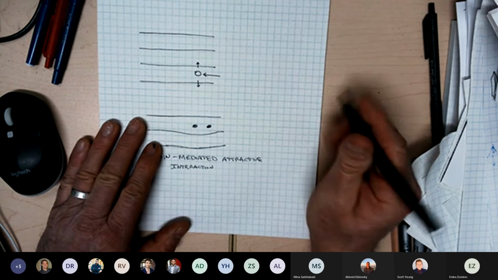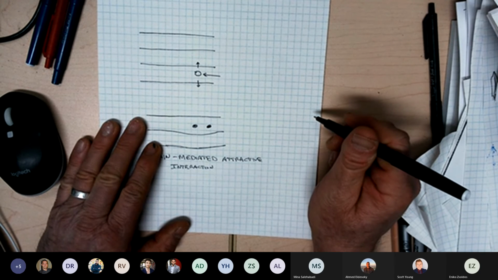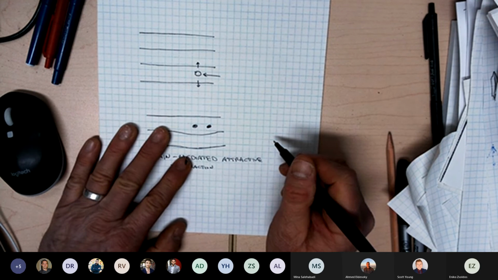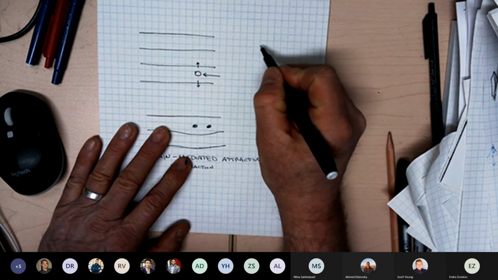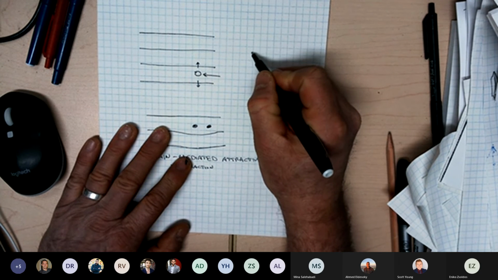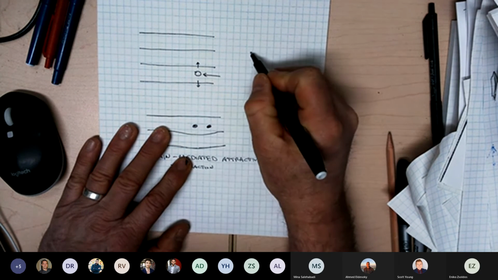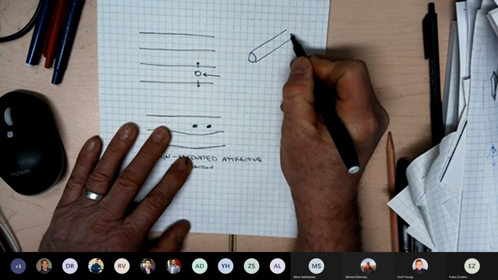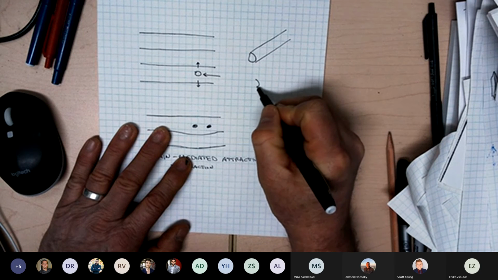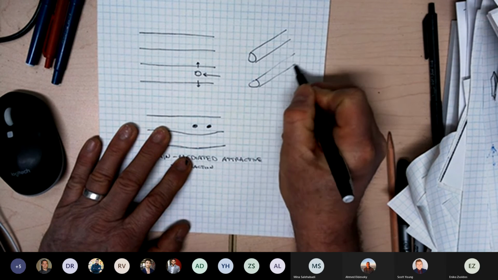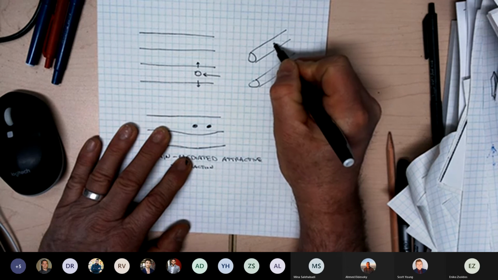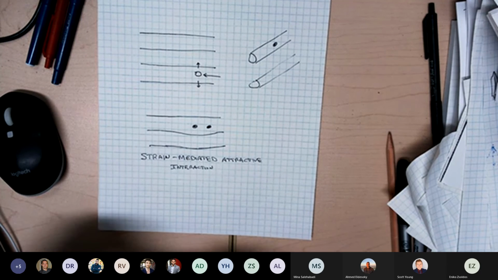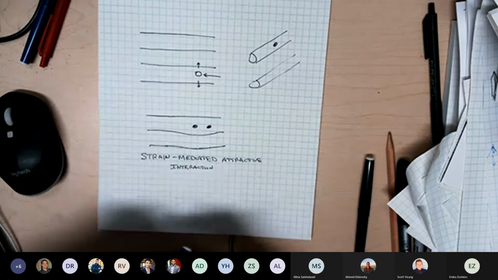Now, it can also take place in non-layered hosts. If you think about a situation like LiFePO4, where you have tunnels, I'm drawing it in a silly way, but the idea is if you put a lithium atom within a tunnel, again, it causes a local expansion.